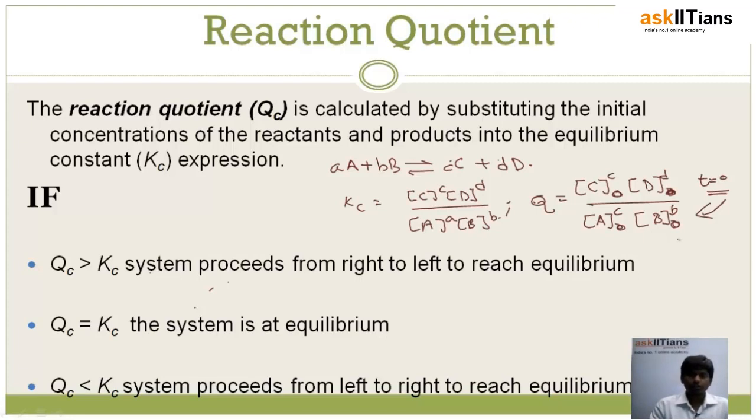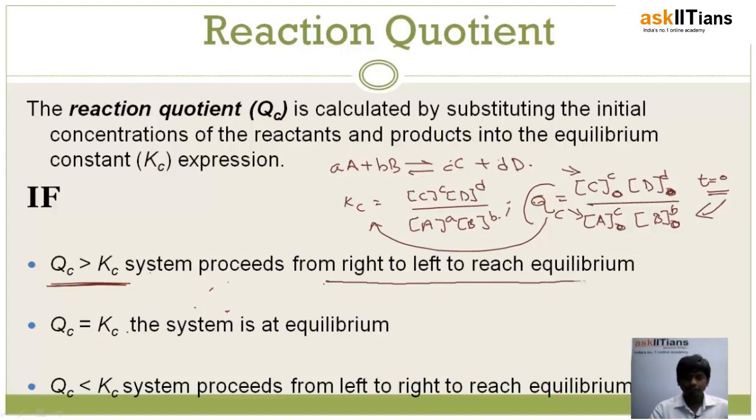Now certain points are to be kept in mind while using reaction quotient. If Qc is greater than Kc, that means the value of the initial ratio was greater than Kc, the reaction will move from right to left to reach equilibrium. Meaning of right to left is in the backward direction.